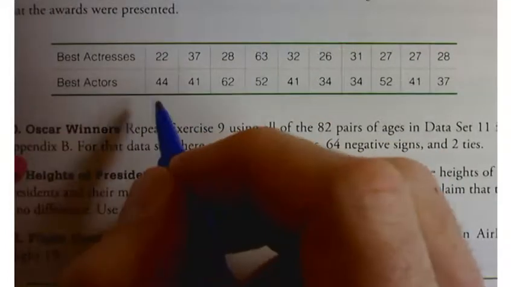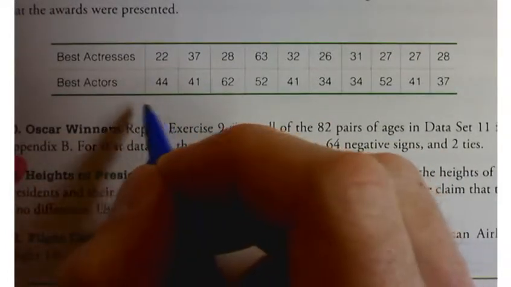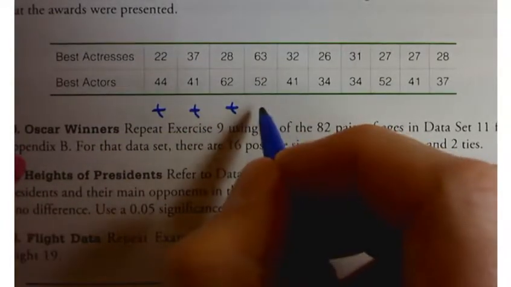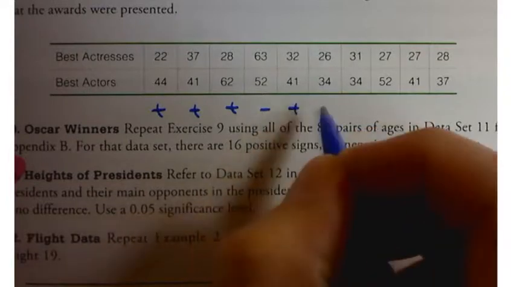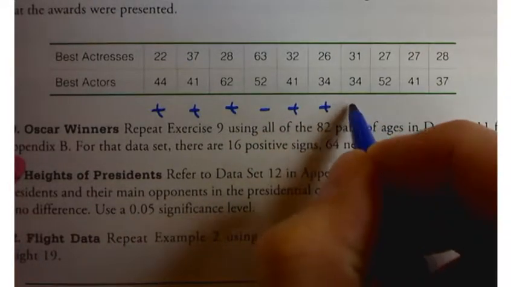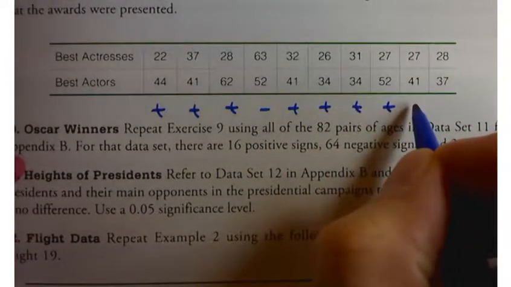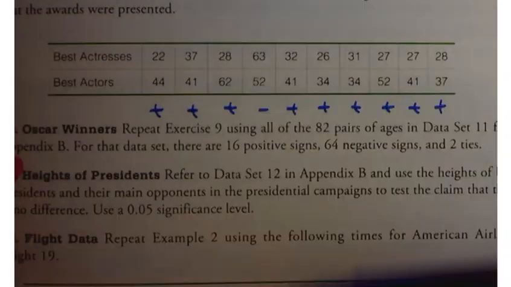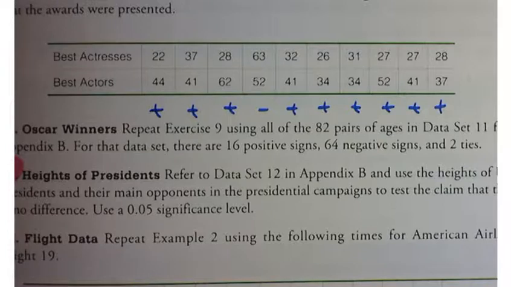So in this case, Best Actor is bigger, bigger, bigger, smaller, bigger, bigger, bigger, bigger, bigger. In fact, there's only one year in which the Best Actress was older than the Best Actor. So, okay.